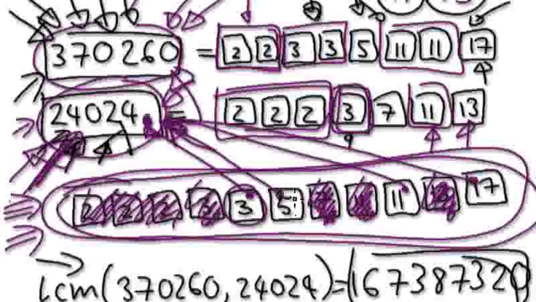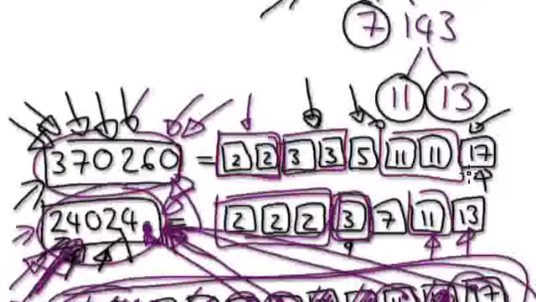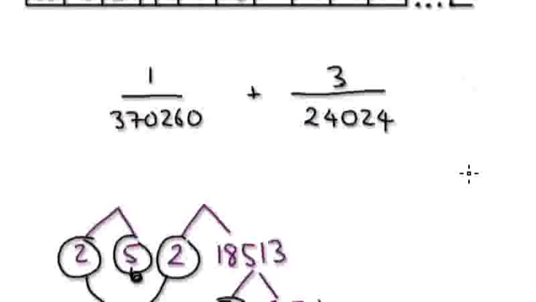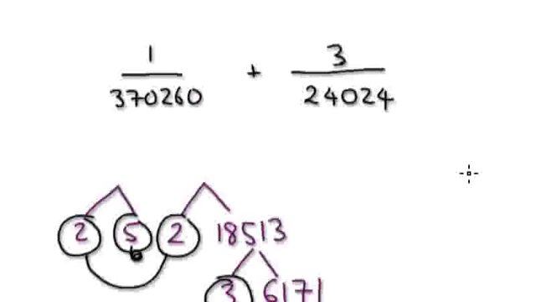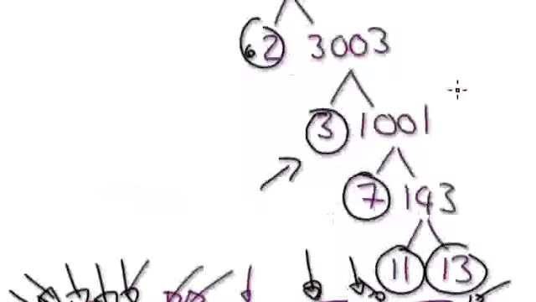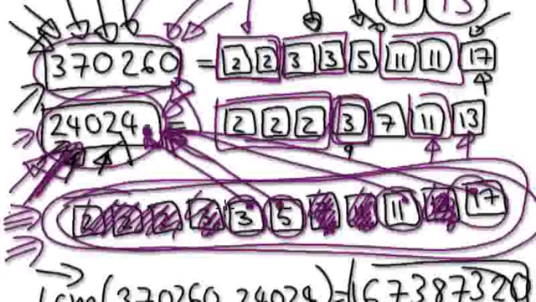So if you get this times this times this times this, it should get to 2805. That's how I got the 2805, by looking at what I need to inject into this number here in order to reach the lowest common multiple.